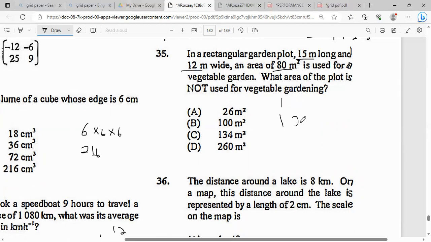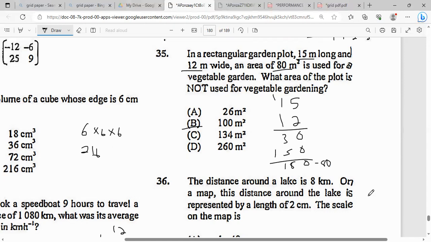We need to know the total, I think this is 180. 2 times 5, that's 10. 2 ones are 2 and 3. Put a 0, 155. So we have a total of 180, and we use up 80. So all we have to do is subtract the 80, which gives us 100. All right, very nice one, CXC, very nice one.